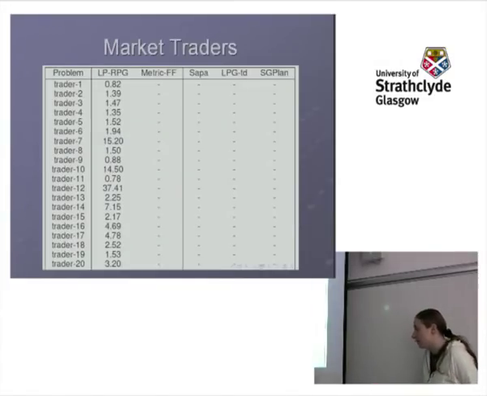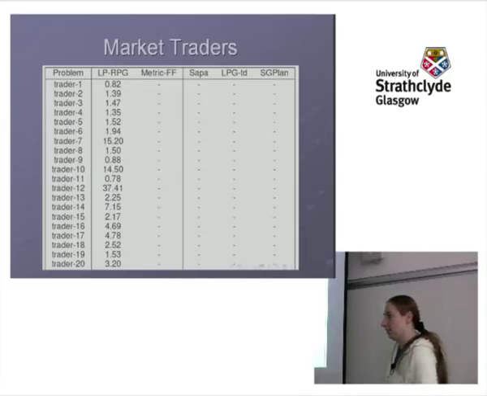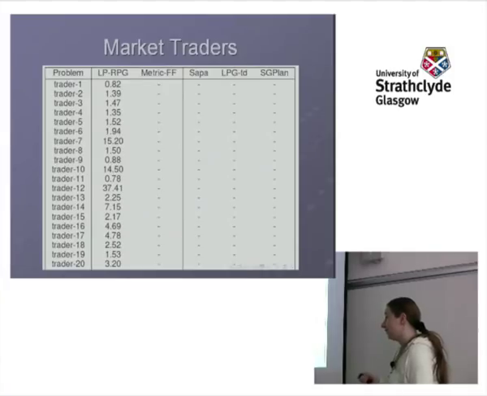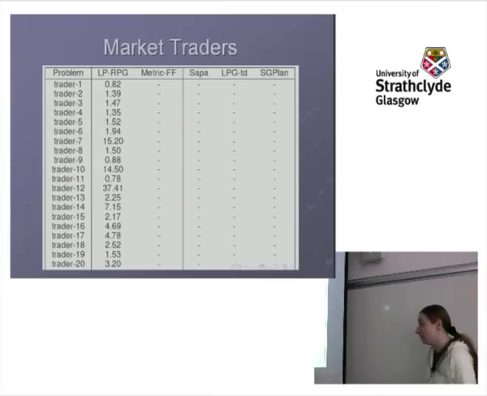But what happens in LPRPG is because we have this constraint that captures resource transfer, it realizes that it can't buy the tea and then sell it again. It knows that once it's sold the tea, it's not got it anymore. So, as you can see, LPRPG can solve these instances of a market trader problem, and it solves them quite well. And we fed this to other different planners.